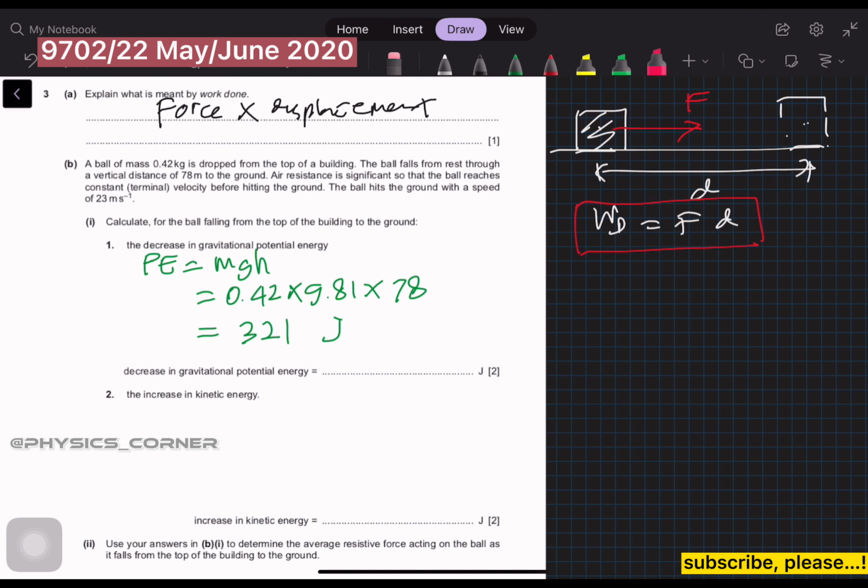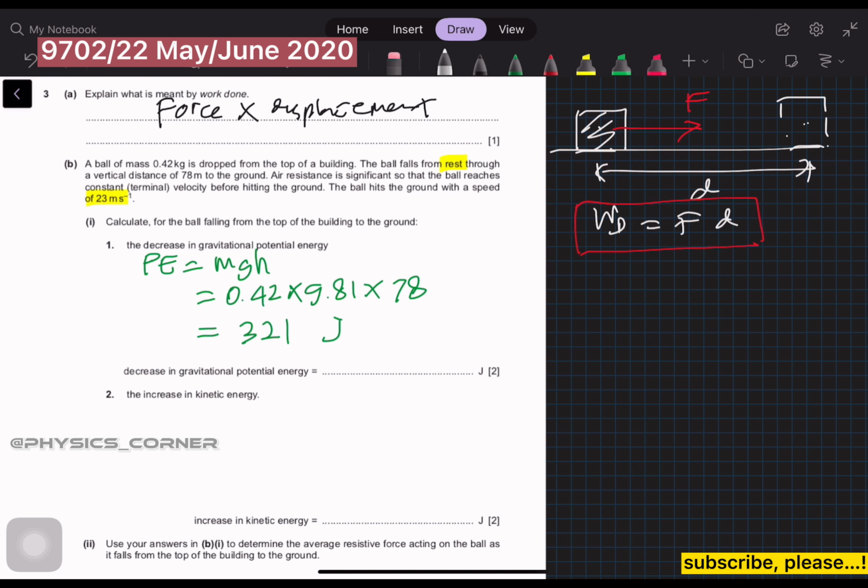Okay, the second one on B(i), the increase in kinetic energy. The ball falls from rest, which means it has no velocity until it reaches the terminal velocity of 23 meters per second.